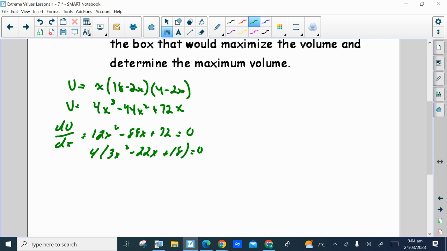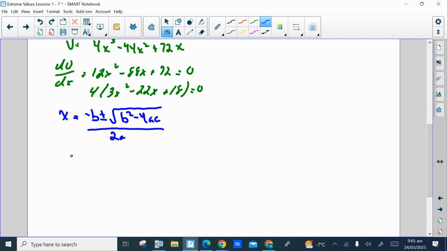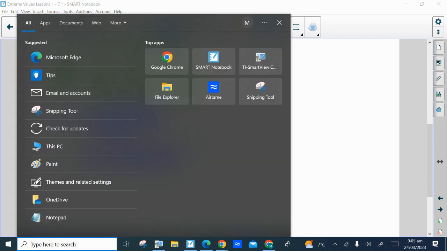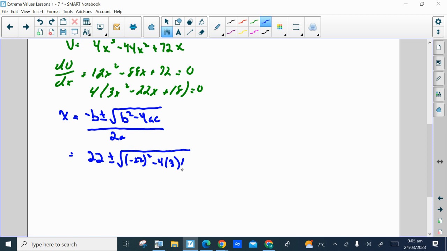But that's okay because we always have the quadratic formula, which remember is x equals negative b plus or minus the root of b squared minus 4ac, all over 2a. So negative b will be positive 22 plus or minus the root of negative 22 all squared minus 4 times a times c, all over 2 times a.